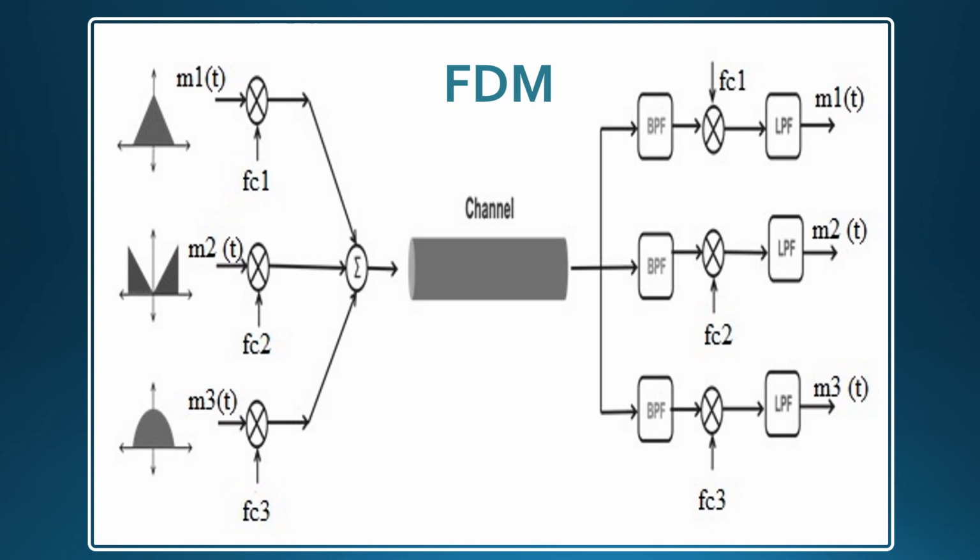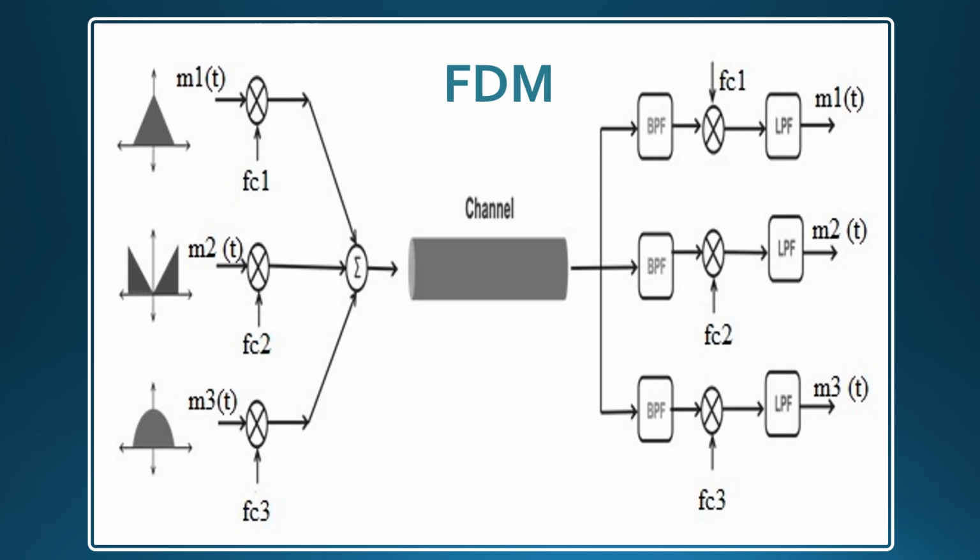Ignore that M1 of T and FC, that is modulation, which is another concept. For now, on the left side we understand just a single thing: three devices are emitting their signals on different frequencies, that is F1, F2, and F3.